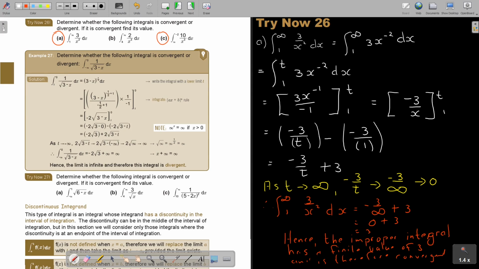Because that was the question. Find the value and say if it's convergent or divergent.